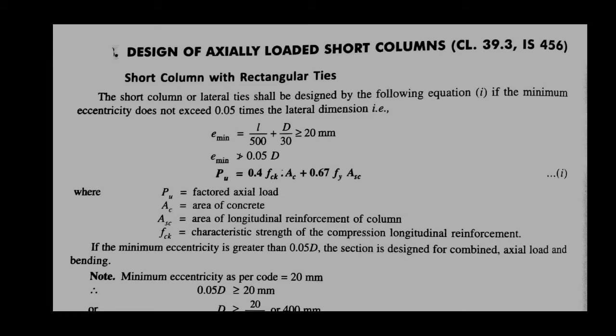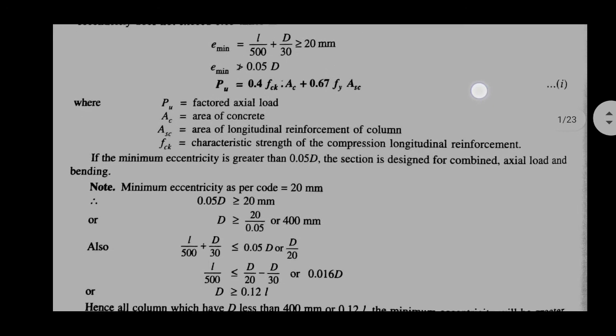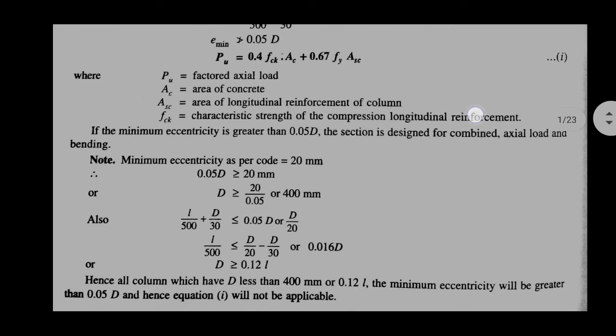Note that minimum eccentricity as per code is equal to 20 mm. Therefore, 0.05 D is greater or equal to 20 mm.